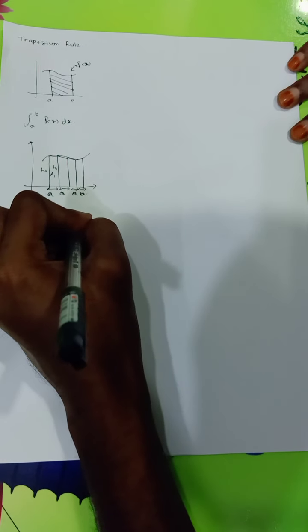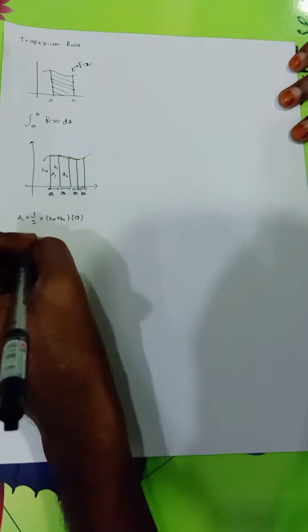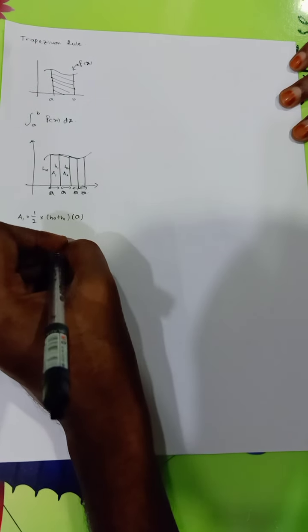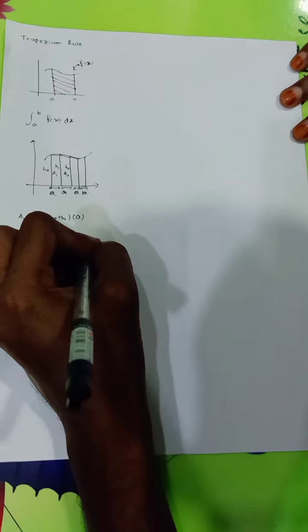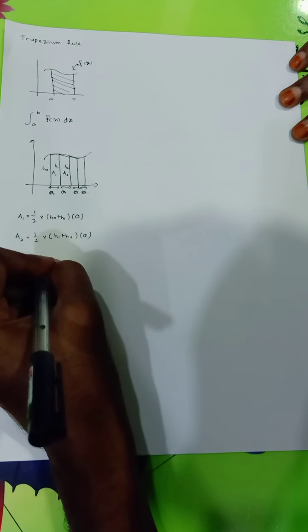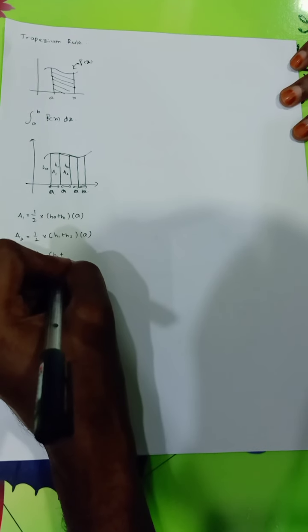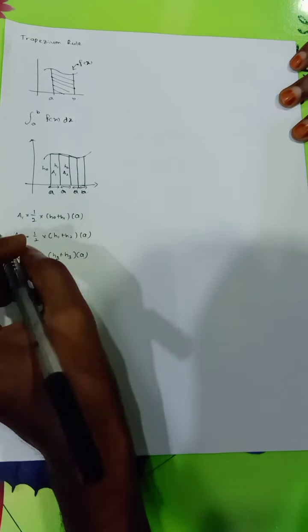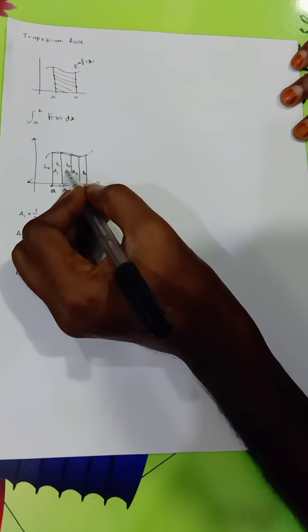The first trapezium area is going to be 1/2 multiplied by (H0 plus H1) multiplied by A. The second trapezium area, A2, is equal to 1/2 multiplied by (H1 plus H2) multiplied by A. The area of the third trapezium is 1/2 multiplied by (H2 plus H3) multiplied by A. And the area of the fourth trapezium is 1/2 multiplied by (H3 plus H4) multiplied by A. So this will be the summation of the area of each trapezium which I drew here.